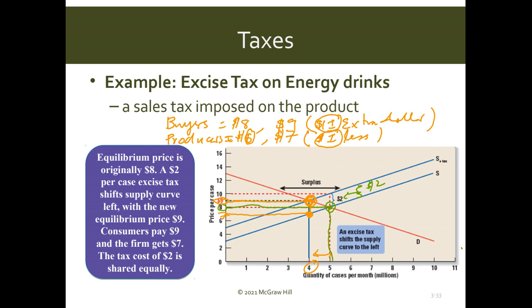So if this is 9, then this must be 7, because 9 minus 7 is 2. So in this case, an excise tax of $2 is shared equally. Both are sharing $1 each, although the tax is imposed on producers or sellers.